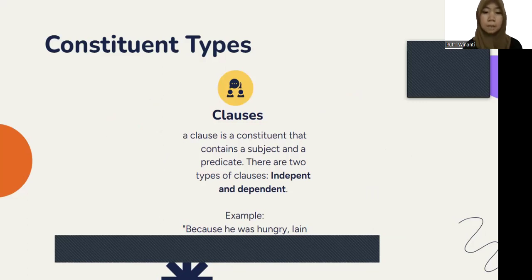For example, because he was hungry, Klein went to get pizza. In this example, we can see two separate clause constituents. The dependent clause is because he was hungry, and the independent clause is Klein went to get pizza. Now we have a good understanding of the elements of constituents. Let's take a closer look at how they are structured.